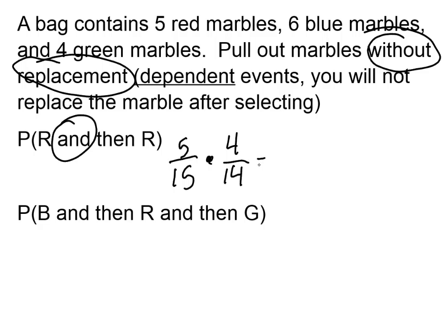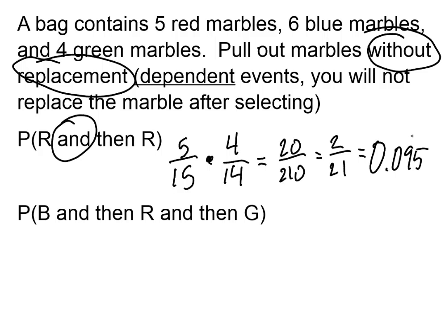There's now 14. 5 times 4 is 20. 15 times 14 is 210. This reduces down to 2 over 21. In decimal form, it is 0.095. Very, very small chance.